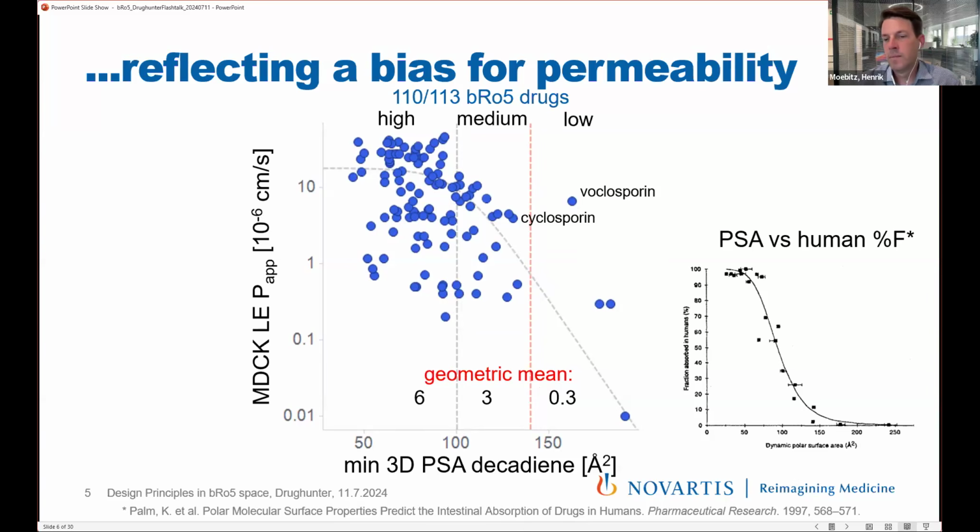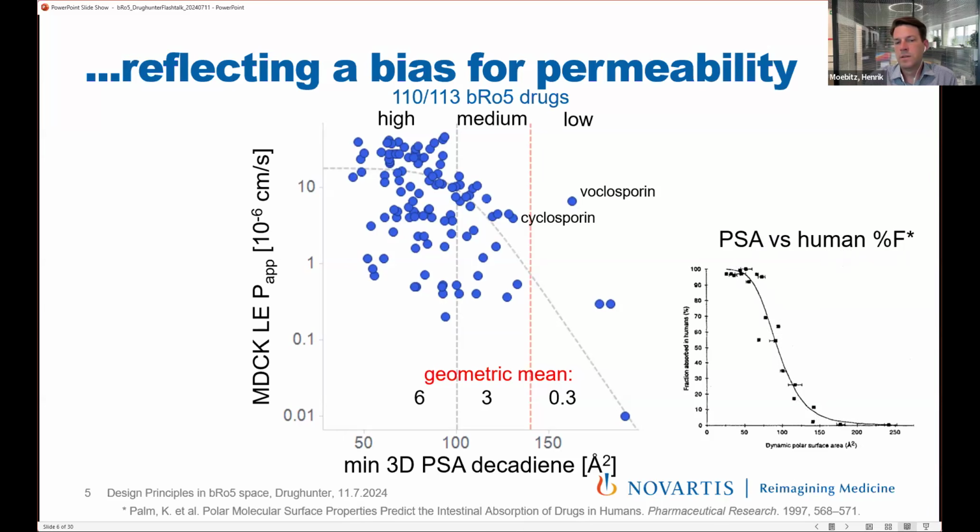correlated, reflects what was seen in the landmark paper from 1997 on the right, where PSA is sigmoidally fitted to human bioavailability. There are a lot of reasons for the poor correlation. We have diverse chemical space, ionization states, and very different lipophilicities here.